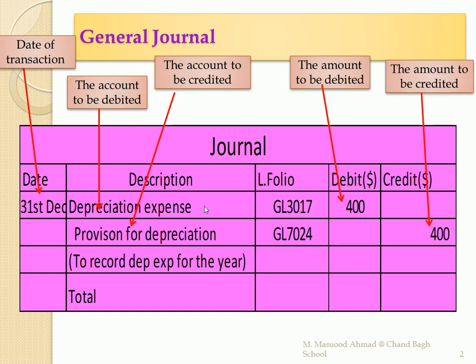At the end you can see the detail of the transaction is written. That is just the description section, in which you describe what is happening above. In this case, to record the depreciation expense for the year. It's not a big deal, you can write it in any way, and that is your journal.